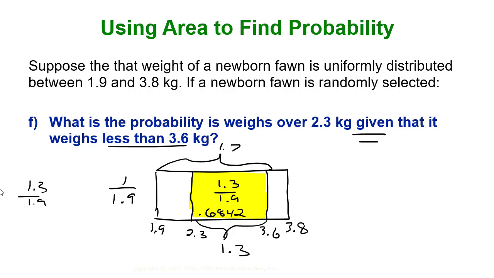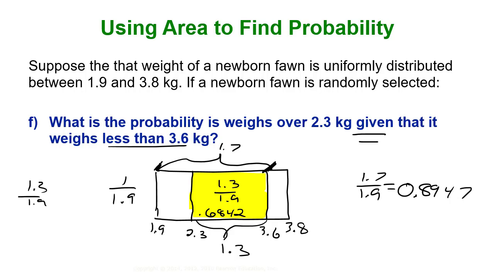So this yellow is good, but this entire block from here down to here is our new total, and that is 1.7 over 1.9, right? Which gives us basically 0.8947.